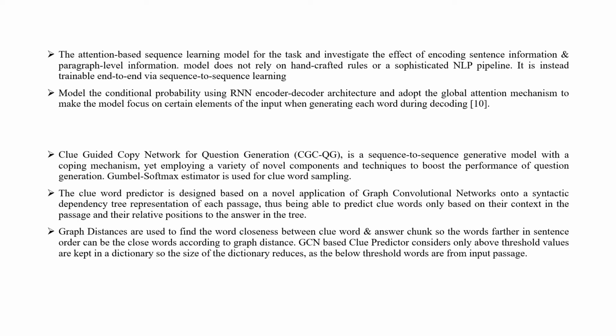A clue word predictor is designed based on a novel application of graph convolutional networks onto a syntactic dependency tree representation of each passage, that will be able to predict clue words only based on their context in the passage and their relative position to the answer in the tree.